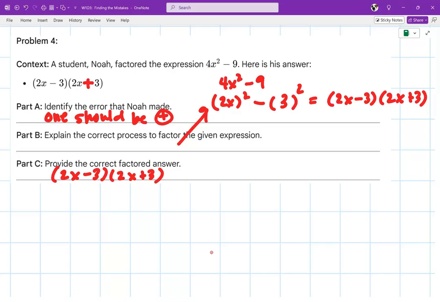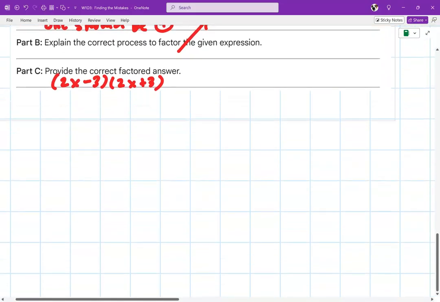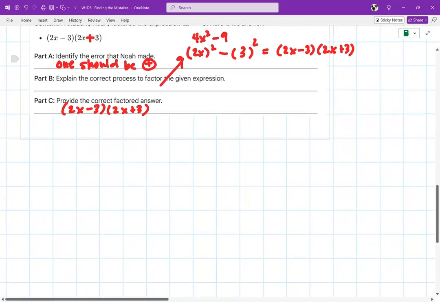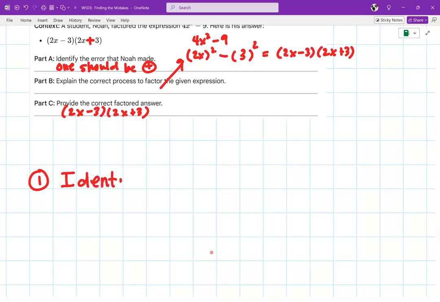Okay? So again, for you guys, for your homework, this is what I need you guys to do. On your homework, there's two things. Number one, identify the error. So you might want to write this part down. I'll leave it up on the board, by the way. And then number two, fix the error.